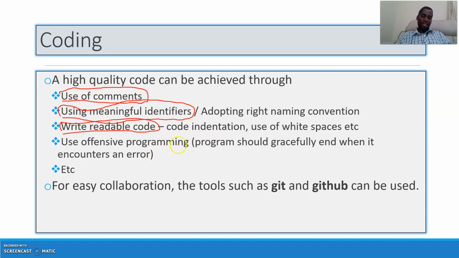You may also wish to go and read about defensive programming, which is another way of achieving high quality code. When a program has met a challenge or an error, there should be a way of not continuing with the execution, but the program should halt gracefully, and there are so many other things that we can use to achieve high quality code.